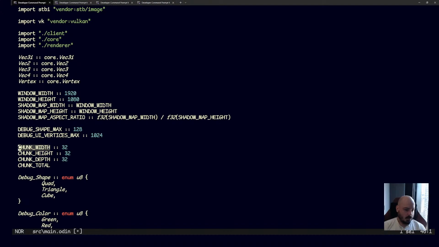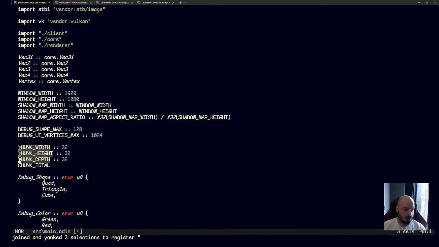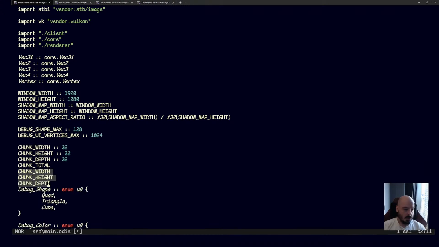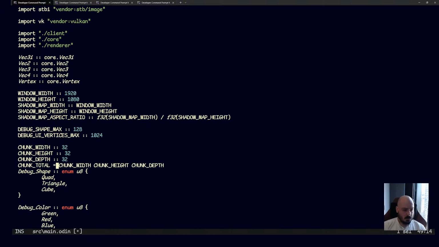So I'm going to try something here. I'm going to grab these lines and I'm going to do yank join. Then I'm going to paste them here and do that. That's kind of cool. I think actually I could have done, let me try that.